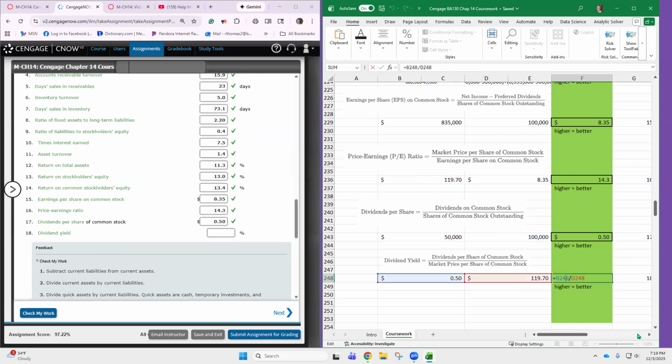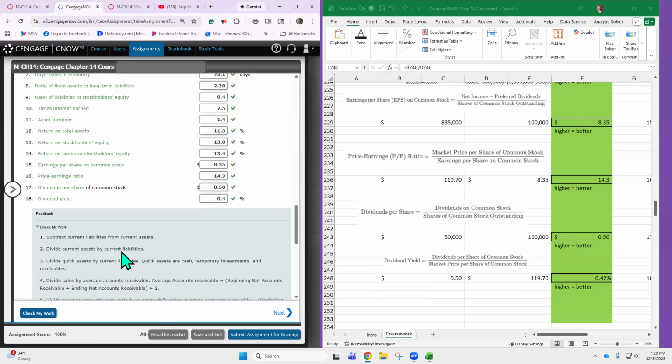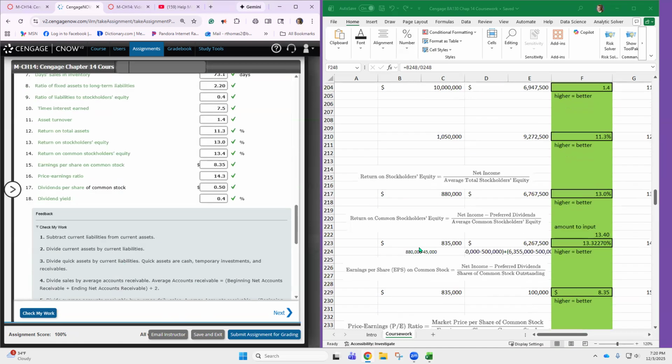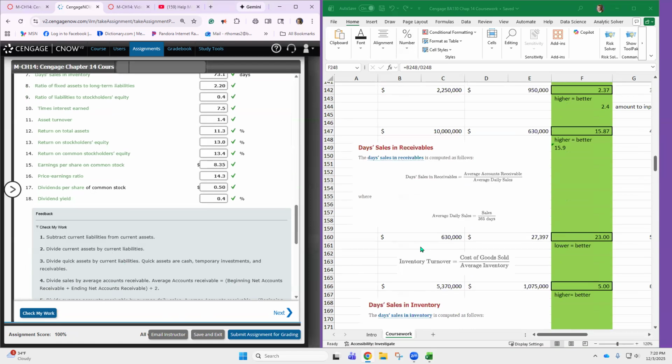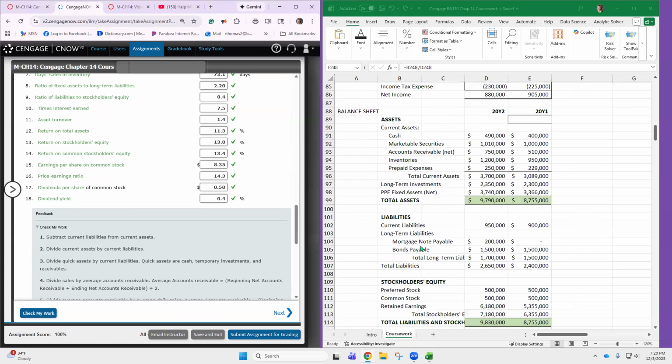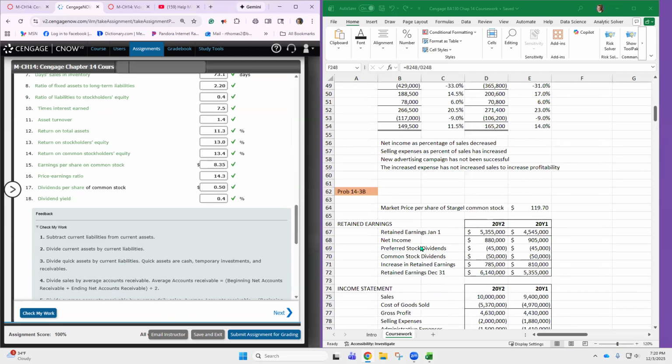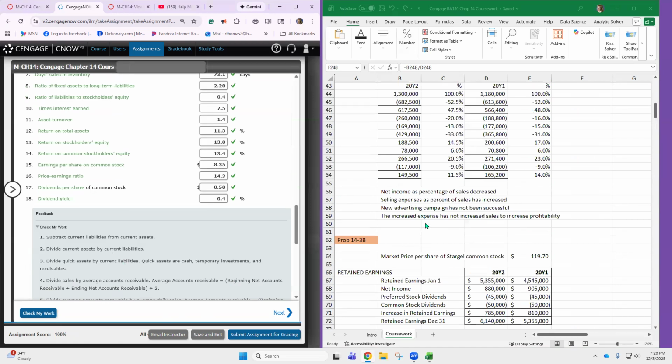When we do the division and take it to 1 decimal place, which I'm going to increase, we're looking at 0.4 as the dividend yield. Okay, let's see if we're right. We got it.